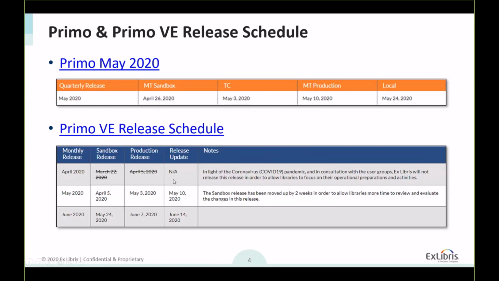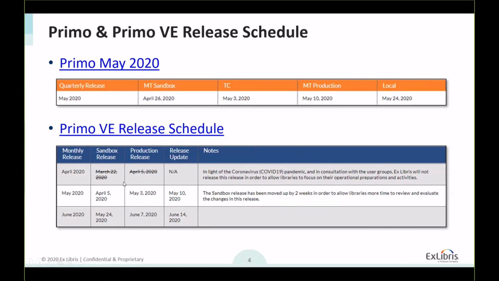Regarding Primo VE, in this quarter we are talking about 2 releases, the May release and the June release. The May release, as you requested, we made available 2 weeks earlier, so it's already on your sandbox, waiting for you to test. This was a request when all of us started to work from home. You wanted to be more prepared for the release. So those are the dates, and the release is available for you.